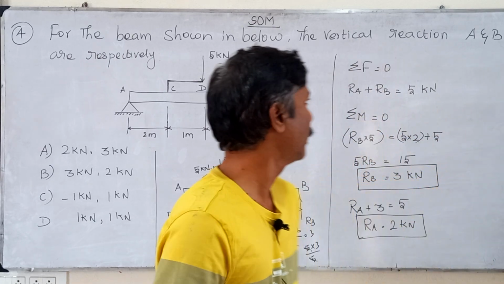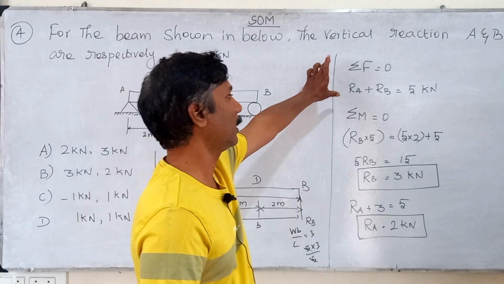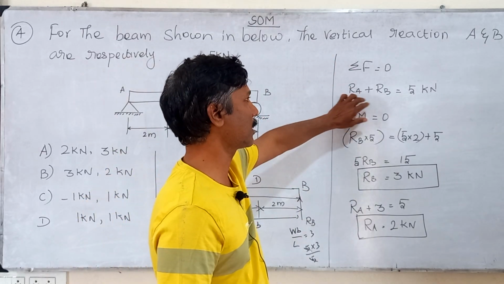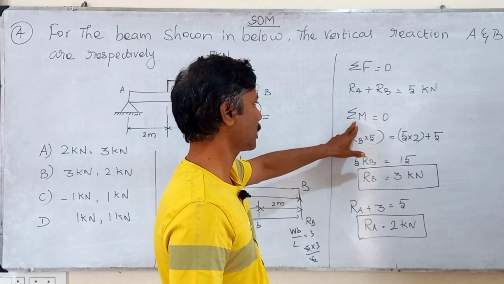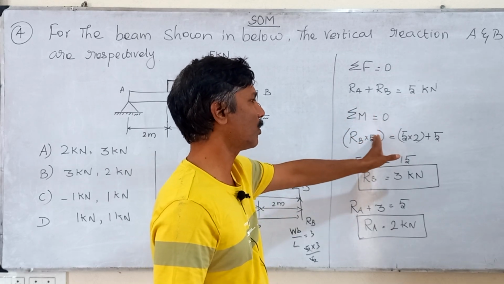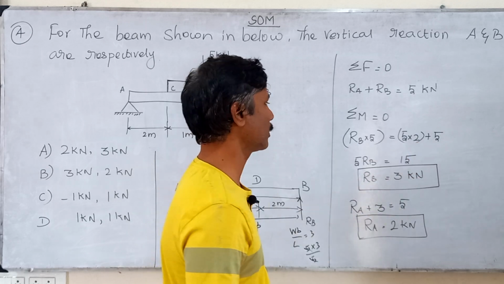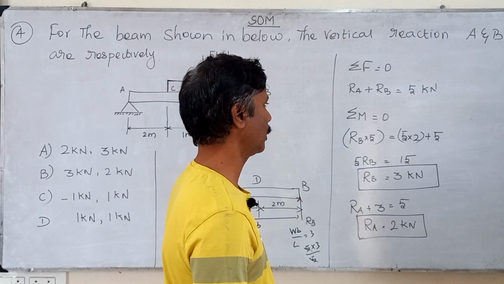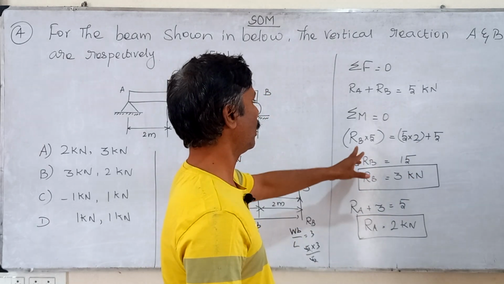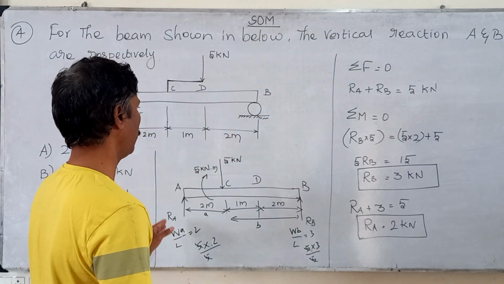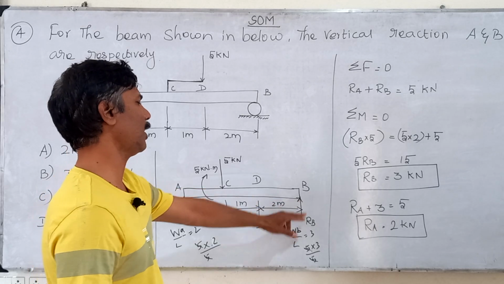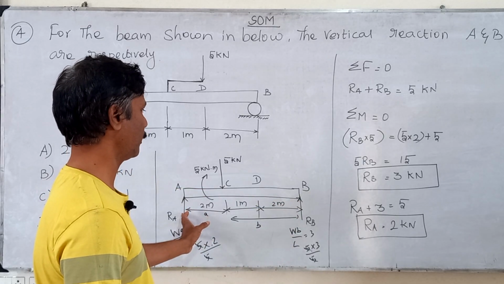In another way, we can get it from the equilibrium condition. Ra plus Rb equal to 5, sum of the forces equal to 5. And sum of the moments: clockwise moment equal to counterclockwise moment.